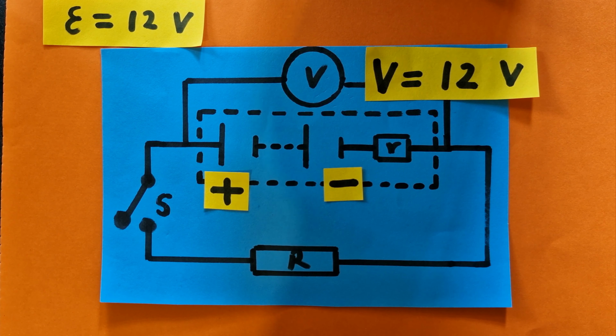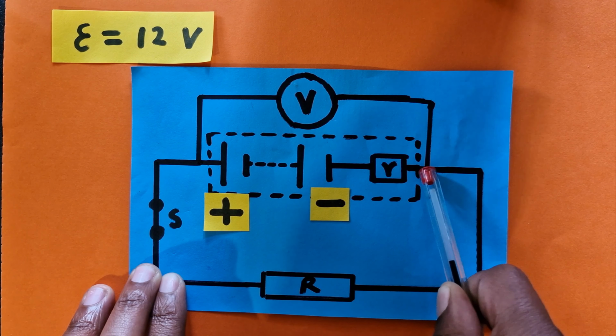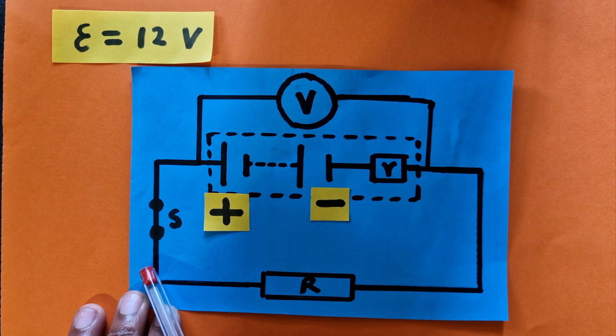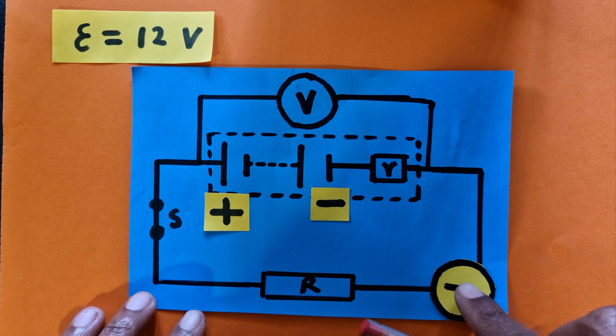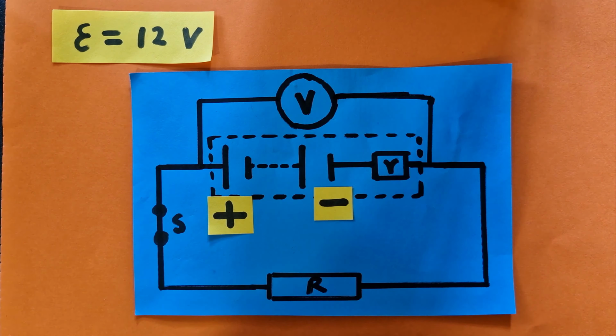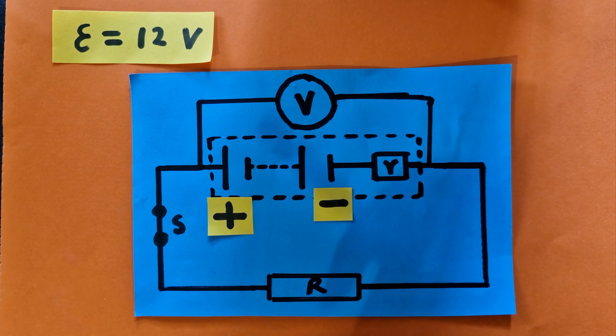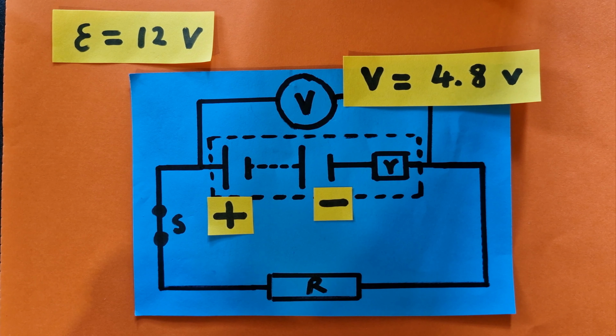But something interesting happens the moment we close this switch. So the moment we close this switch, such that the external circuit is complete, meaning we have a flow of charge in the external circuit, we realize the value that the voltmeter measures now has suddenly decreased.